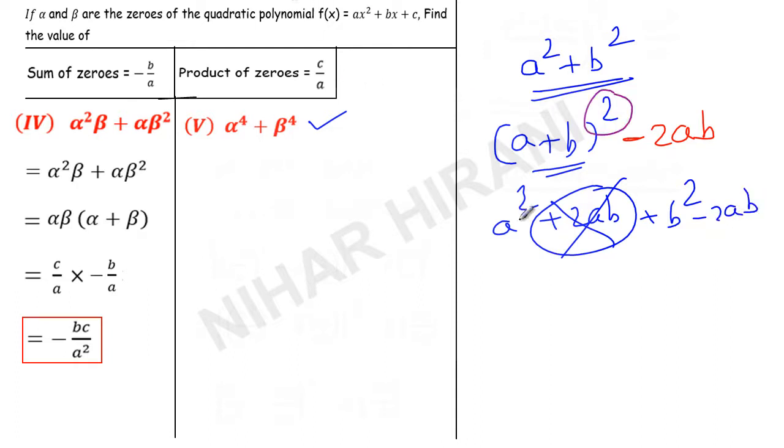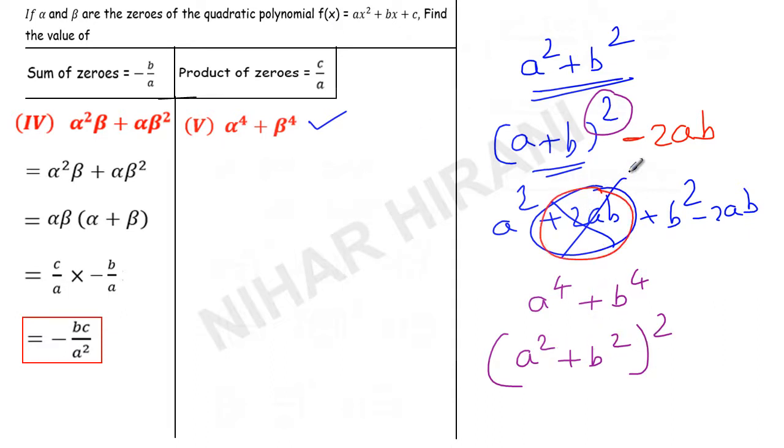Now just think, if I make it a power 4 plus b power 4, then what should I do? So a power 4 is, I can say, a square plus b square whole power 2, isn't it? This 2 is with this also, this 2 is with this also, so that will make 4. Now if I do this, again I have to remove the effect.